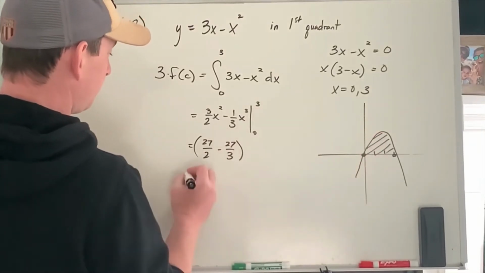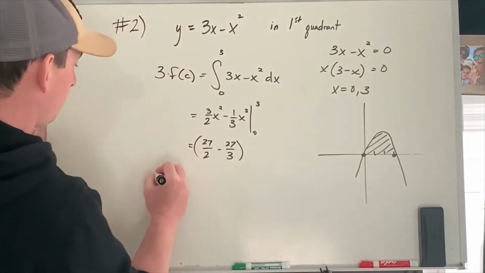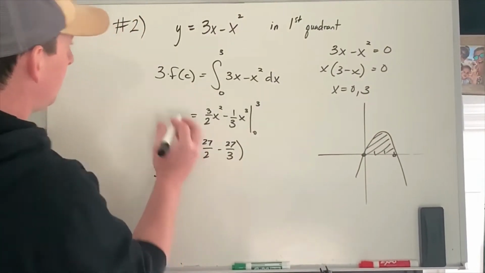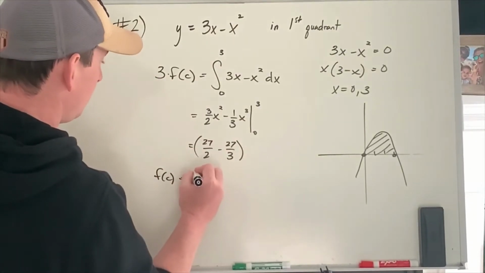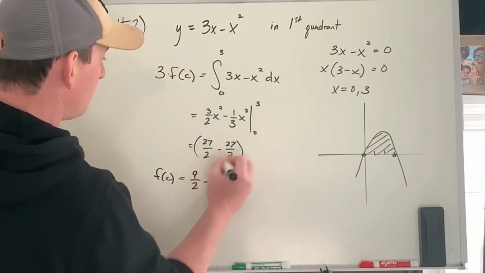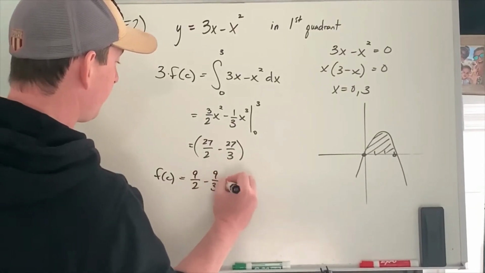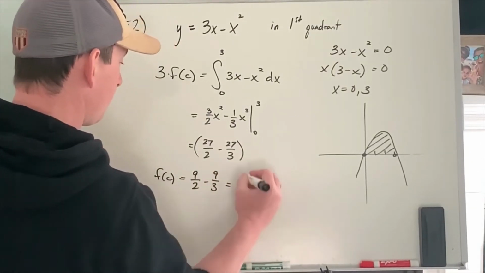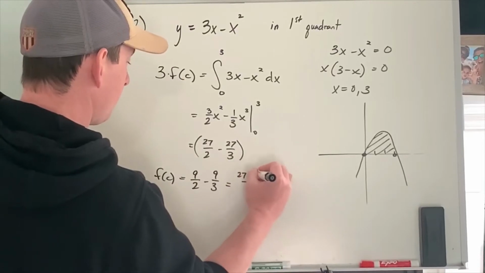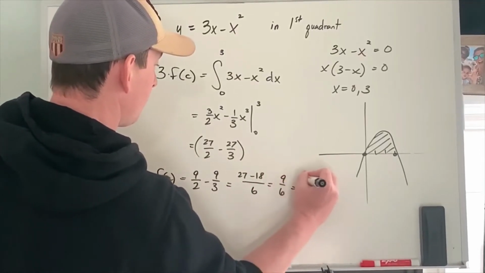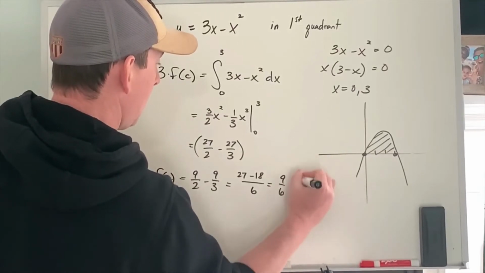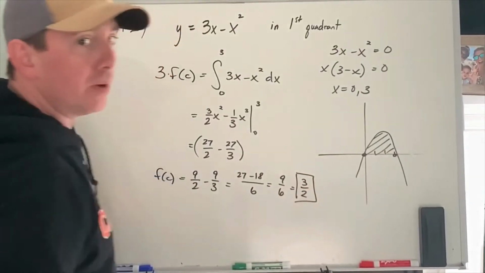Minus 0. Just to make the math a little easier, I'll go ahead and divide by 3 at this point to make this 9/2 minus 9/3. And there you go, 3/2.